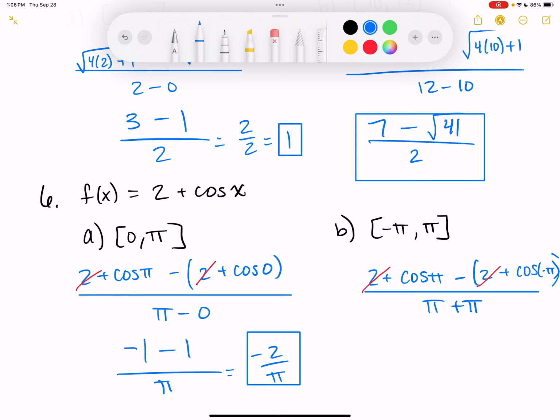We already said what the cosine of pi was. That was negative 1. And then minus the cosine of negative pi is negative 1 times negative, so that's going to be positive, so plus 1, over 2 pi. So that's going to be 0. Oh, we got a diamond.